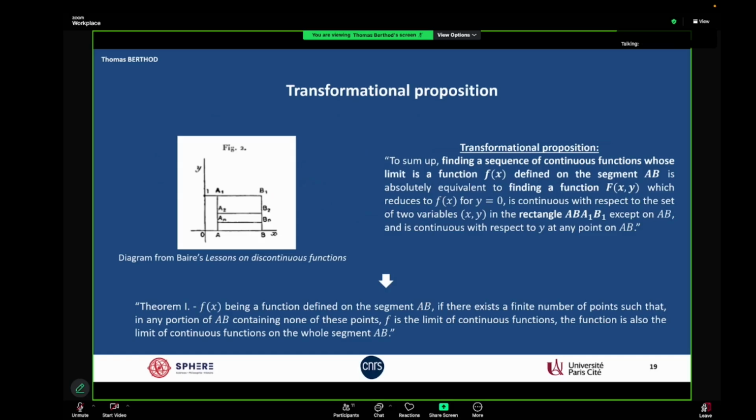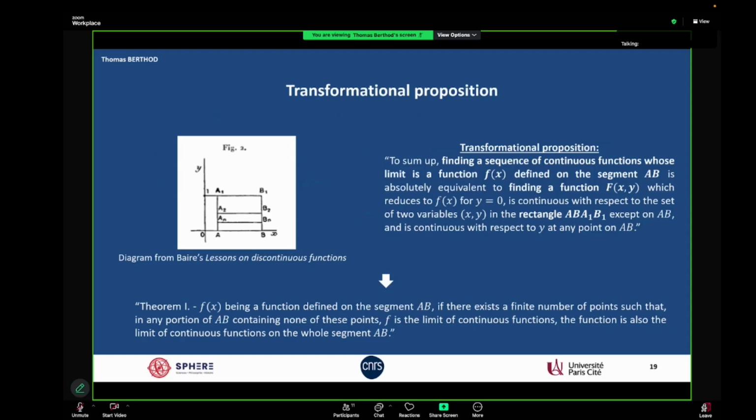As he said, finding a sequence of continuous functions whose limit is a function f(x) defined on the segment AB is absolutely equivalent to finding a function of two variables which reduces to f(x), with some assumption on that function. You could read that in the quotation. And he proposed a construction to do that. It's what this diagram illustrates. I will not enter into detail because I have no time, unfortunately, but believe me.